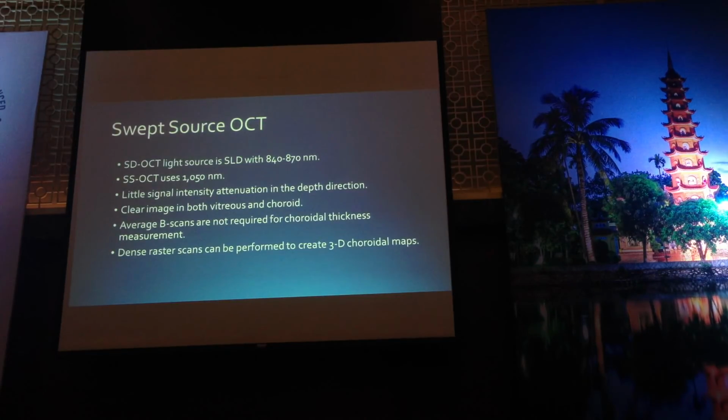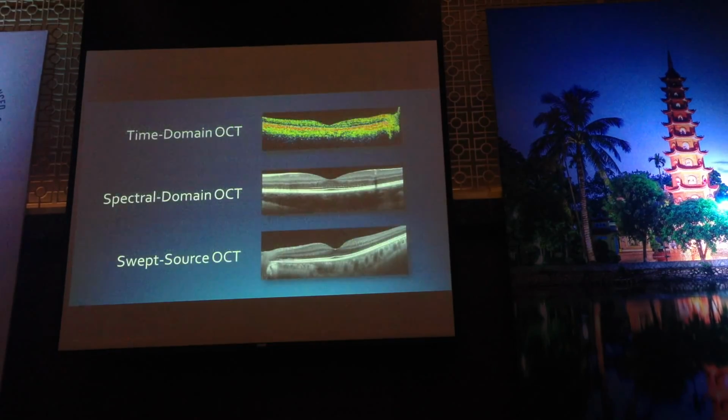And for the EDI OCT, when you have the inverted mirror image, if you want high quality, you need to do the average rescan. You have to avoid the spectral noise as well. But you don't need that in the swept source OCT, and you can create three-dimensional choroidal maps with the swept source OCT quite nicely.